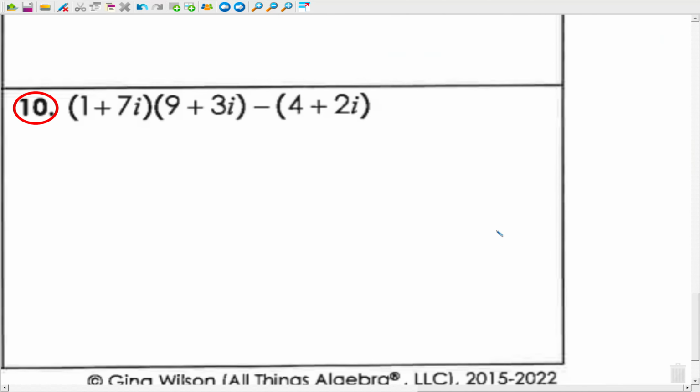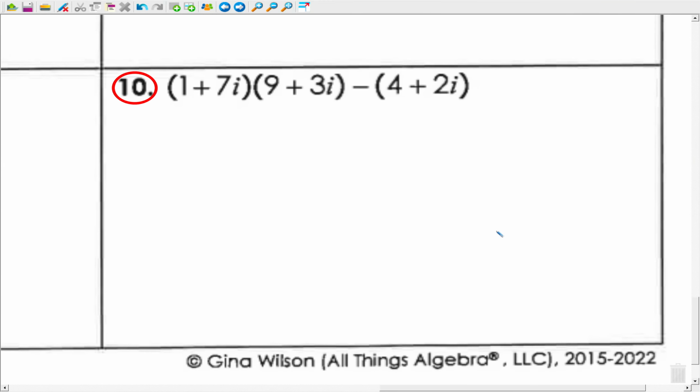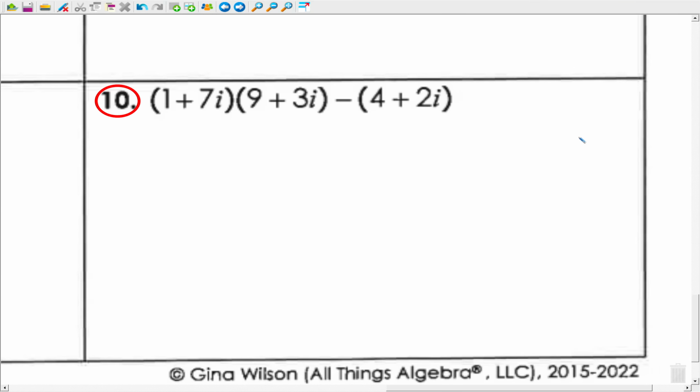All right, let's look at number 10 because this has a lot of things going on. So first, binomial times binomial, I'm going to do a box.